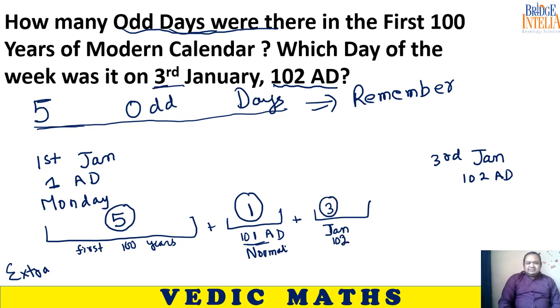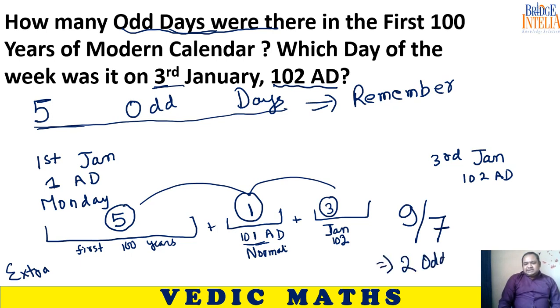So 3 here. Let's add this: 5 plus 1 is 6, 6 plus 3 is 9. This 9 can still be divided by 7. If you divide 9 by 7, the remainder is 2. So 2 odd days.